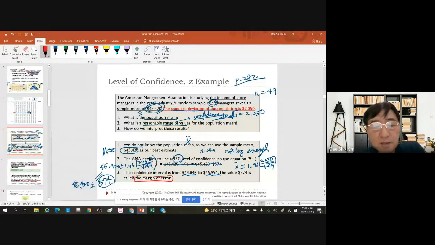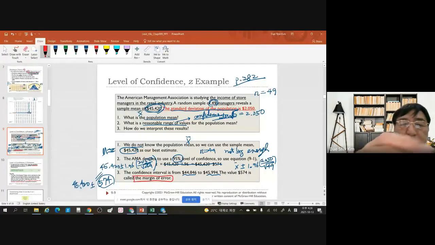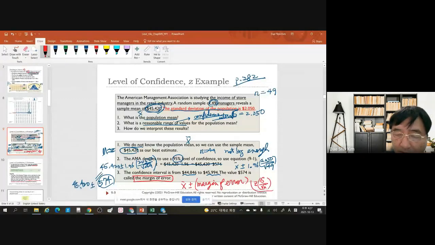The interval is calculated as the sample mean x bar plus minus the margin of error. The margin of error is calculated as z times sigma divided by the square root of n.